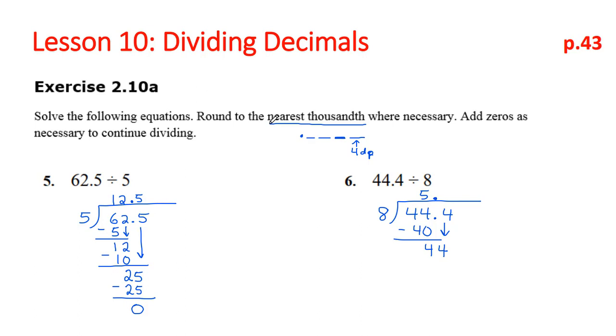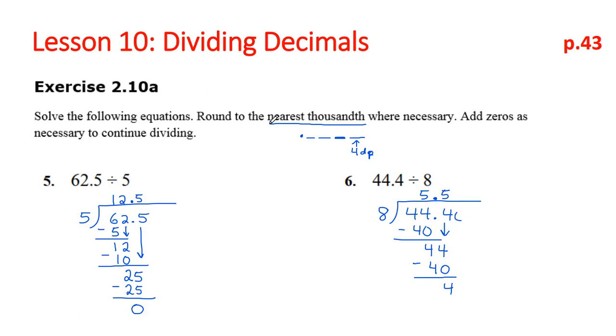Now we bring down the next 4, and we repeat the process. 8 goes into 44 5 times. 5 times 8 is 40, and we subtract. 44 minus 40 is equal to 4, and our decimal has not yet terminated, so we're going to start to add zeros to see if we can have the decimal terminate or if we need to round later.